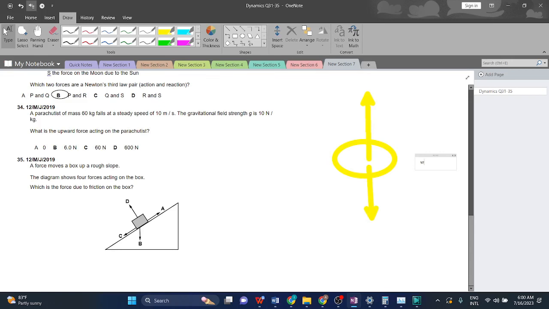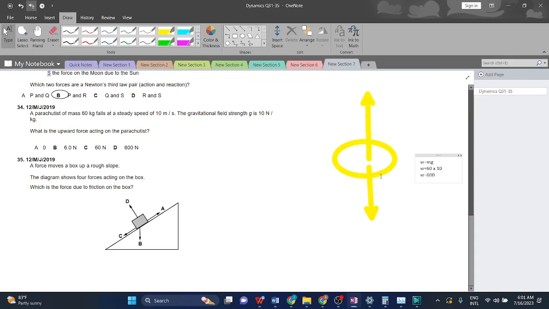W is equal to mg, apply this formula. W is equal to mass, which is 60 kilograms, and g, gravitational field strength, is 10 newtons per kilogram. So it's 10, which means weight is equal to 600.